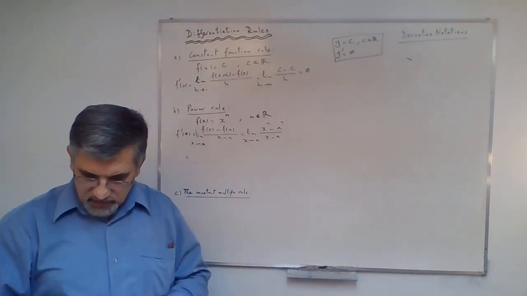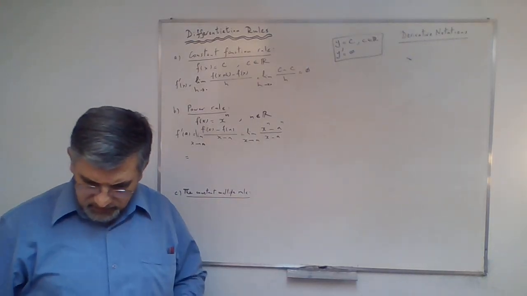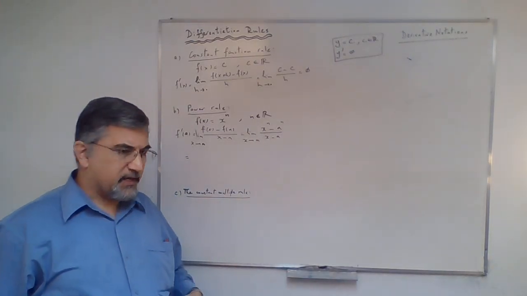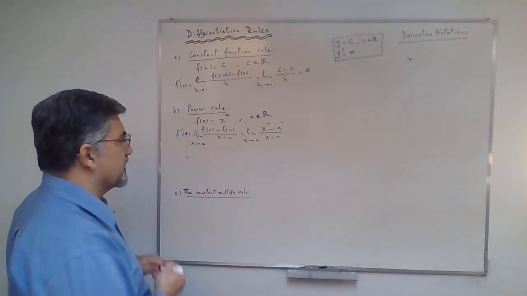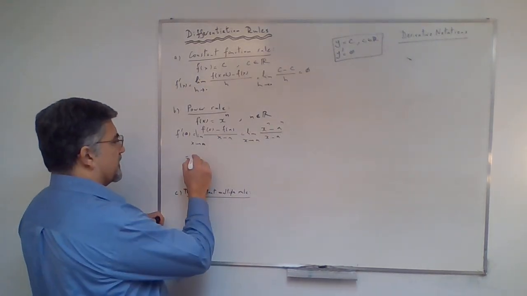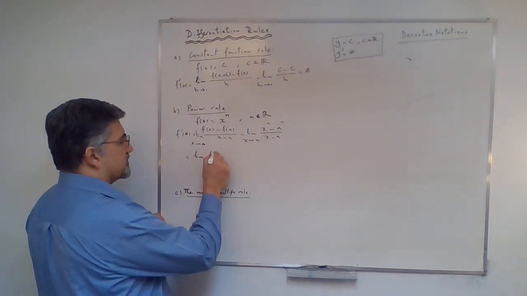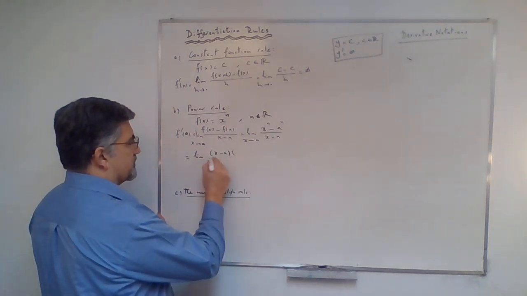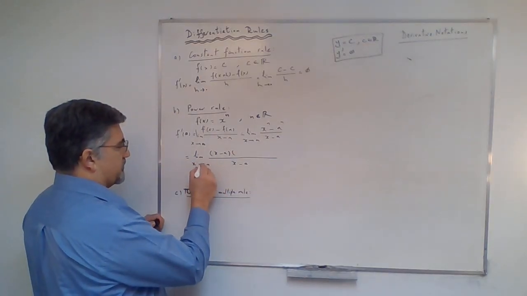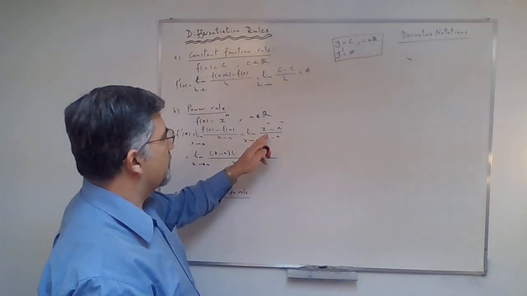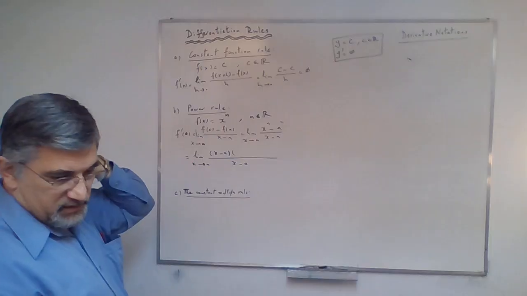But here we have x to the exponent of n minus a to the exponent of n in the numerator, which has a factor of x minus a. It is divisible by x minus a. We can factor x minus a out in the numerator and end up with this relation.